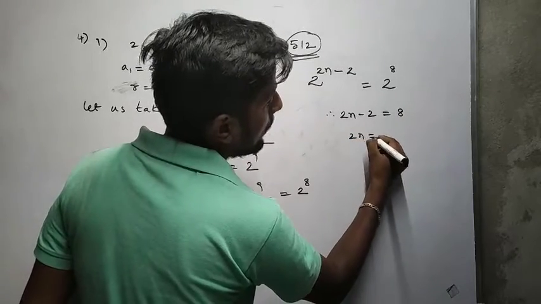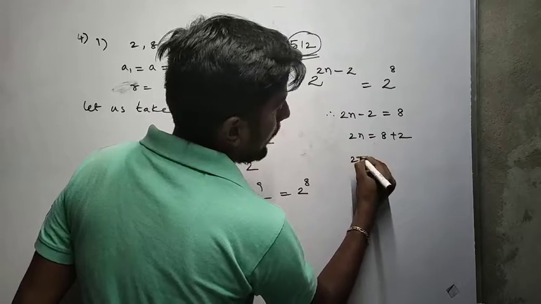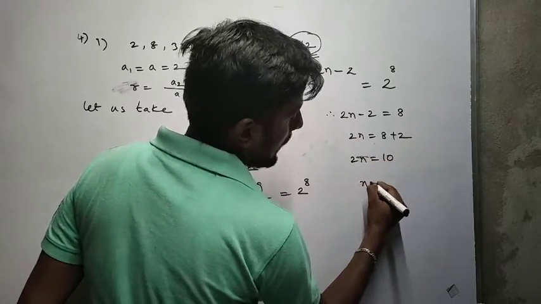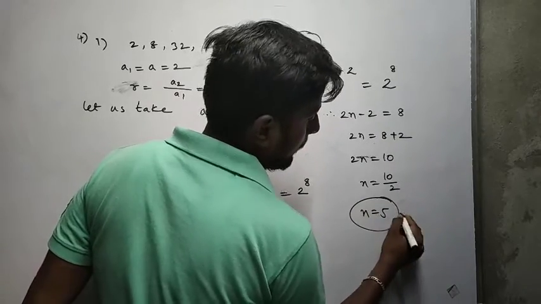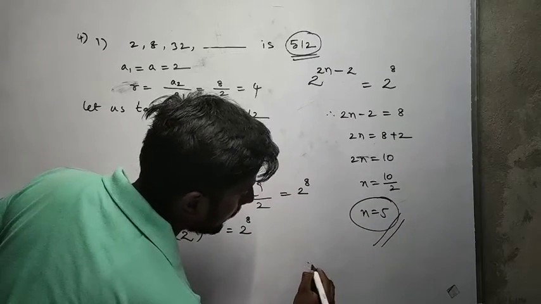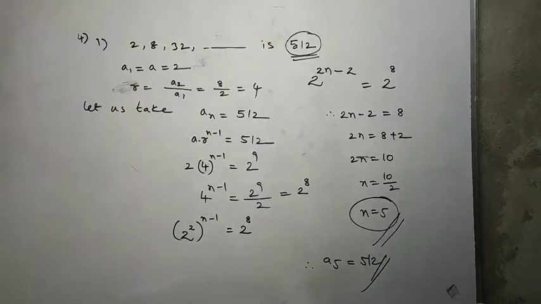So 2n is equal to 8 plus 2, 2n is equal to 10, n is equal to 10 by 2, so n is equal to 5. Therefore the fifth term of the GP is 512.